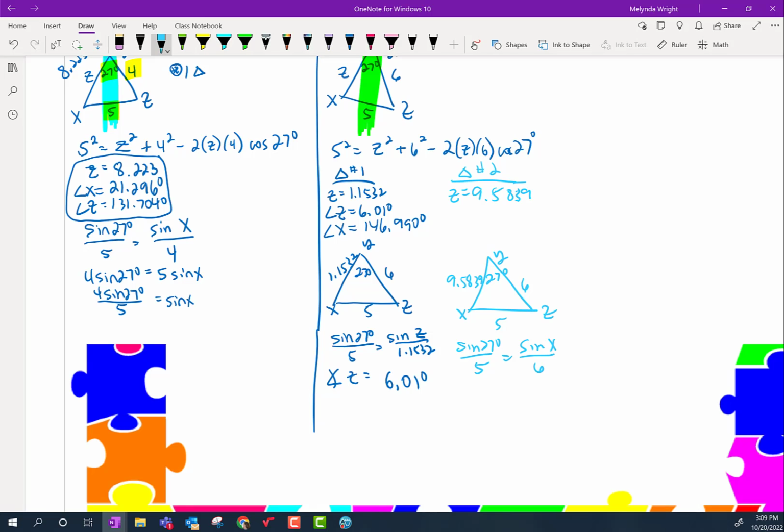We put that in our calculator, and we get that angle X is going to be 33.010 degrees. So we calculate angle Z, which I would just add 27 plus 33.01, subtract from 180, just like we did on the other one, and that's 119.990 degrees.